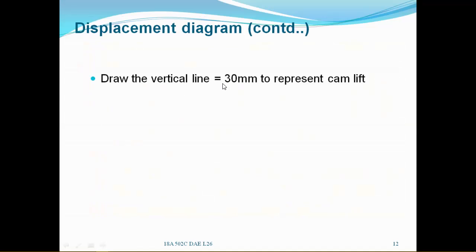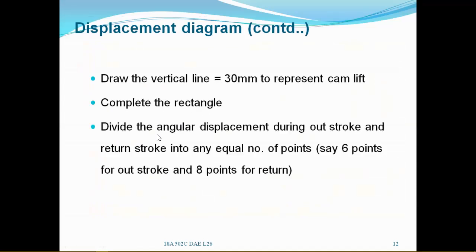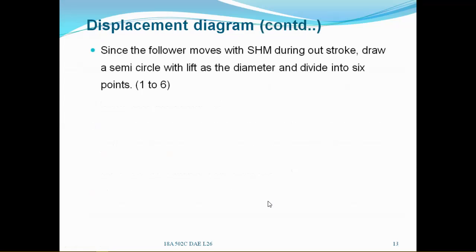Draw the vertical line equal to 30 mm to represent the cam lift. Complete the rectangle. Divide the angular displacement during outstroke and return stroke into any equal number of points or divisions, say 6 points for outstroke and 8 divisions for return stroke. Draw vertical lines through each point. Since the follower moves with simple harmonic motion during outstroke, draw a semicircle with the lift as the diameter and divide it into 6 divisions.